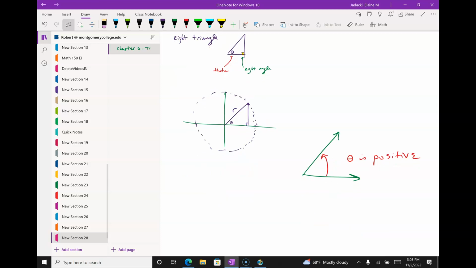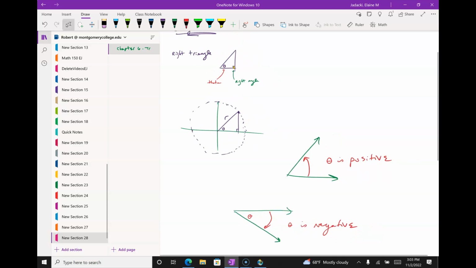You with me there? And if I move the other way around the circle, this way, we'll say theta is negative. And theta is just the Greek letter, right? So it's like pi. Pi is a Greek letter, but we call it a particular number. Theta is a Greek letter. We call it the measure of the angle.